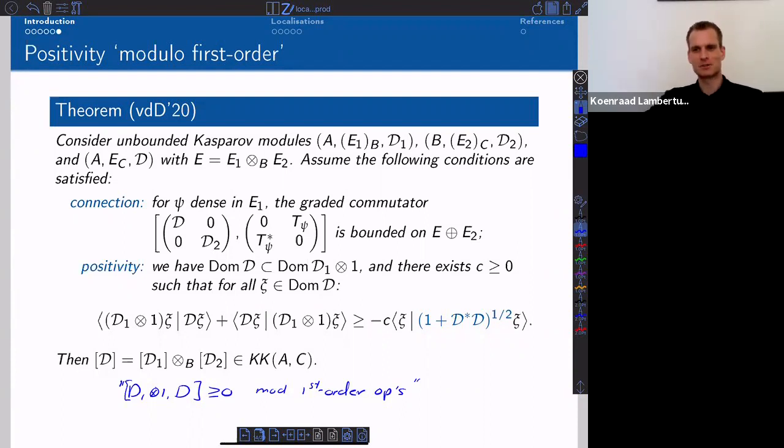I'm sweeping the Z2 gradings under the rug here, but these operators D and D1 are odd with respect to some Z2 grading. So when I say commutator, I always mean the graded commutator, and for odd operators, the graded commutator is the anti-commutator. So this here really means the anti-commutator of D with D1, and that is this plus sign.